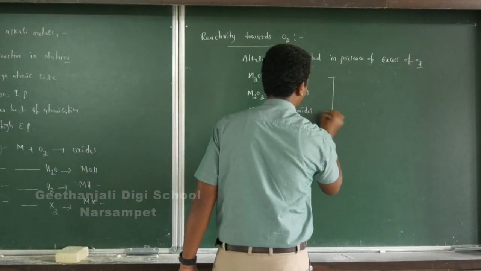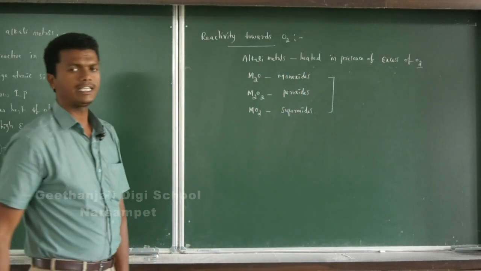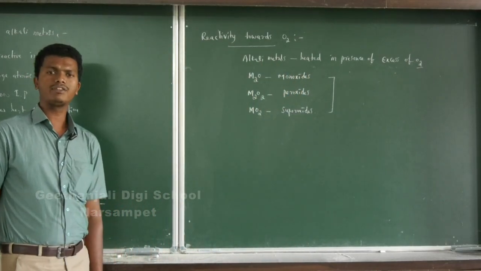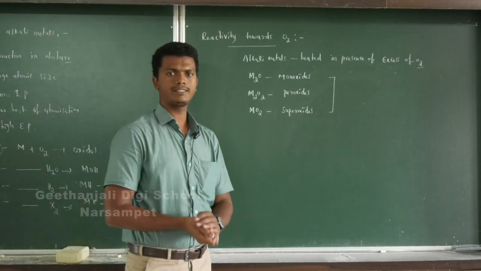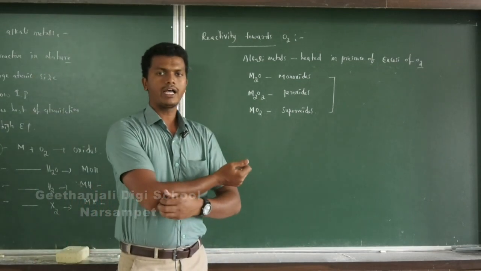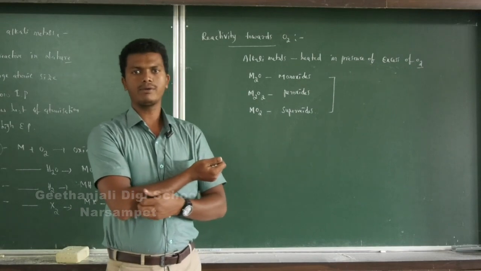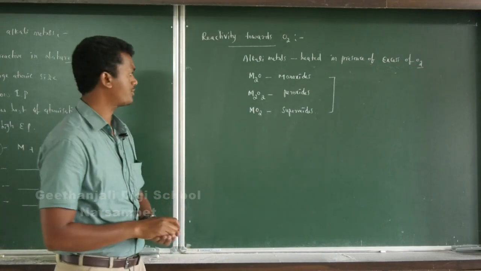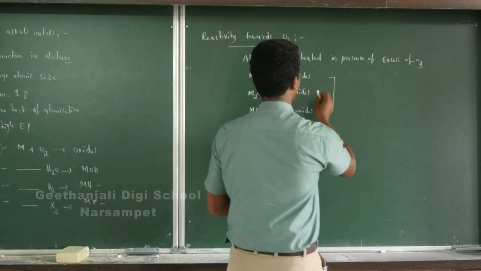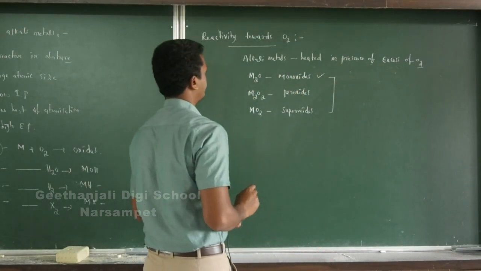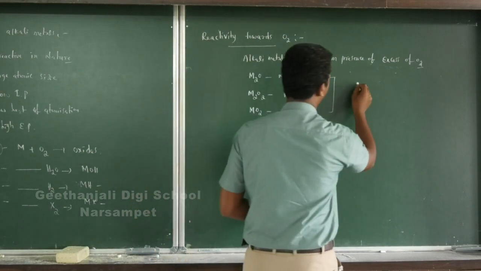After the formation of these oxides, they immediately contact moisture present in the atmosphere and form hydroxides. Further, the hydroxides contact carbon dioxide present in the atmosphere and form carbonates of these alkali metals. Let me take the oxide M2O.